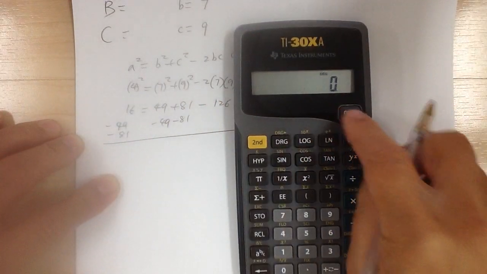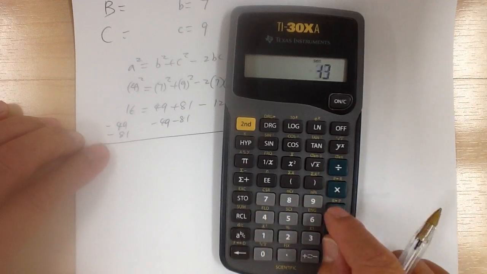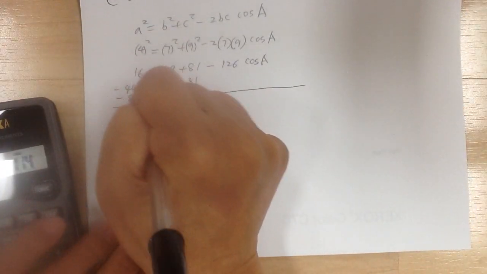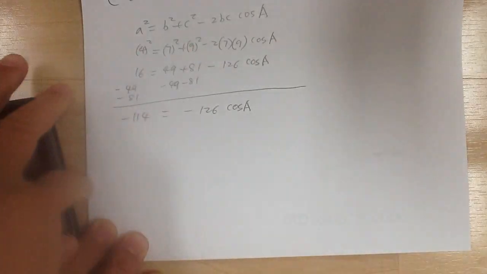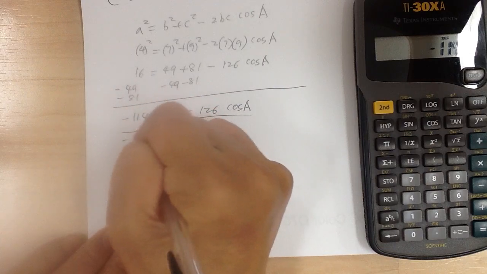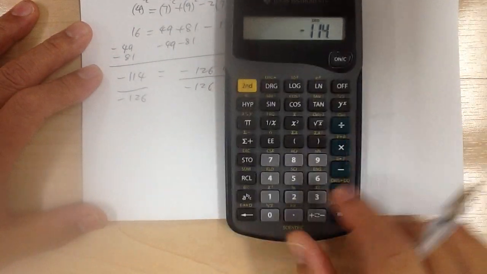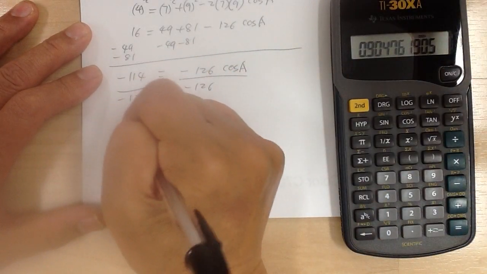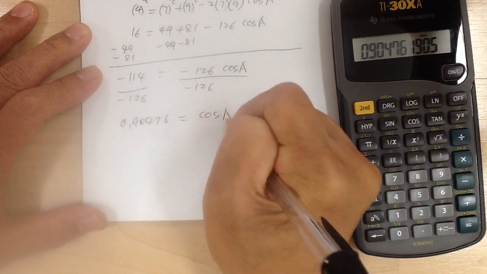So 16 minus 49 minus 81 gives you negative 114 equal to negative 126 cosine of A. So you divide by negative 126 on both sides. Again, all these are just basic algebra. So divided by negative 126, you get 0.90476 equal to cosine of A.